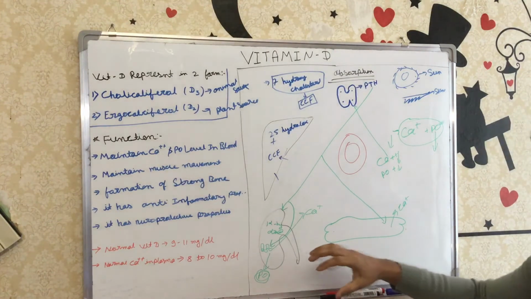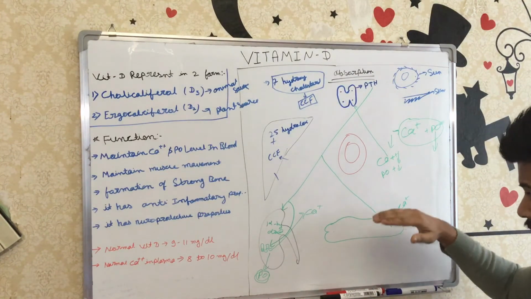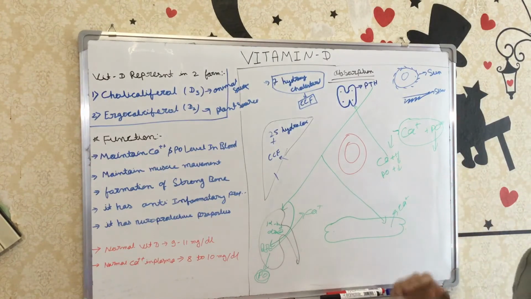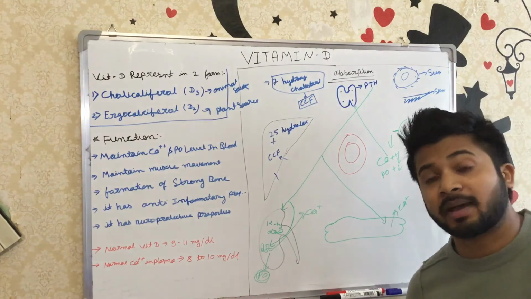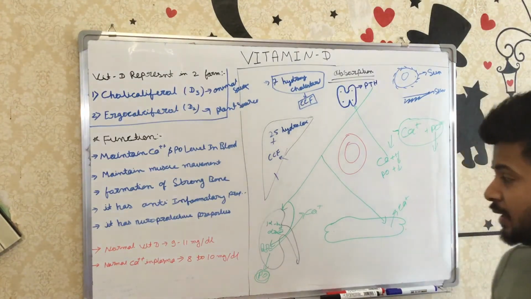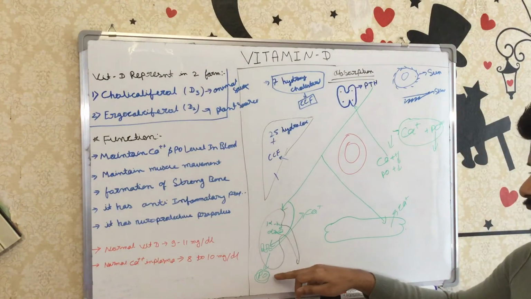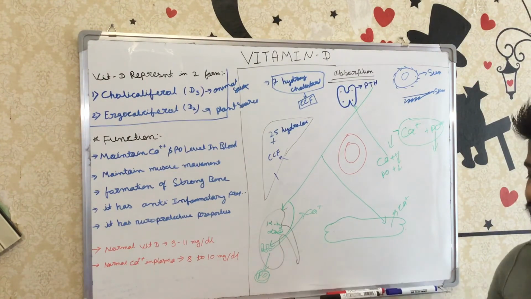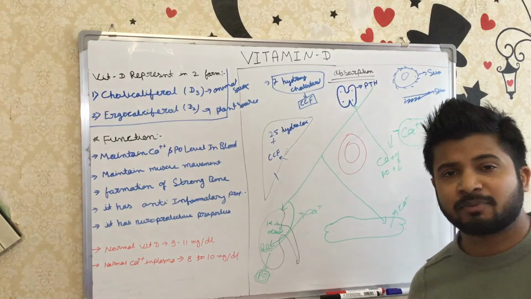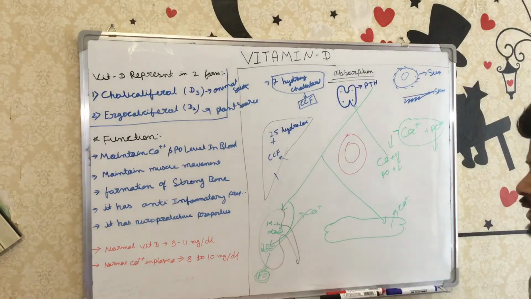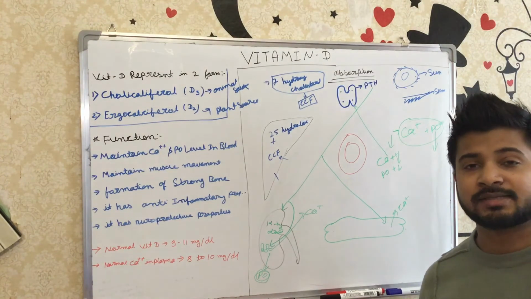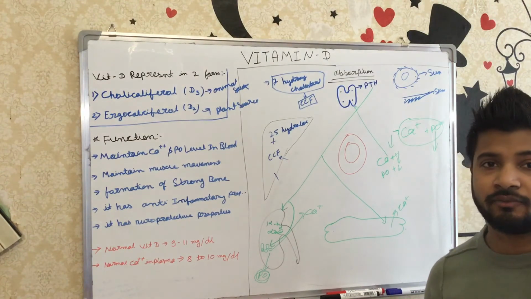Because vitamin D always maintains the calcium and phosphorus level, but the parathyroid hormone will not maintain phosphorus, only calcium. Because it will excrete the phosphorus from the kidney, and whenever it excretes the phosphorus, the person has hypophosphatemia, and during hypophosphatemia, calcium will not deposit in the bone, and the bone becomes very loose, or maybe very weak.